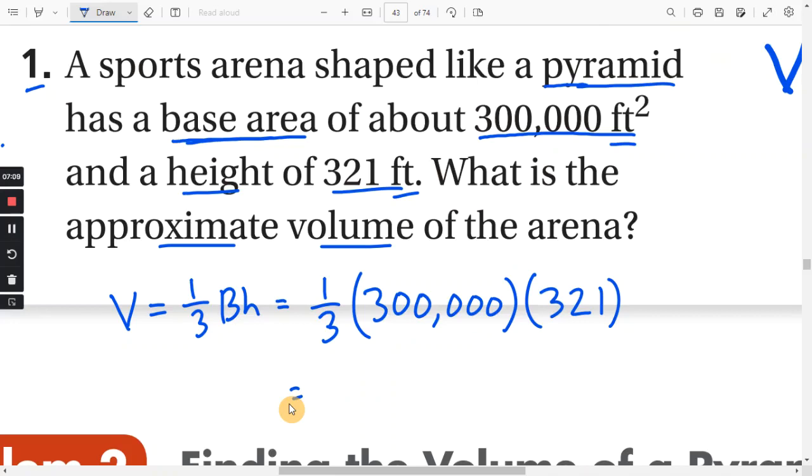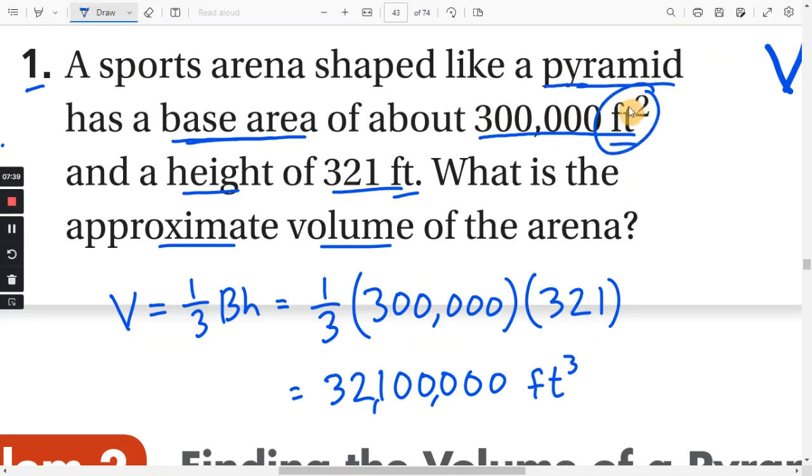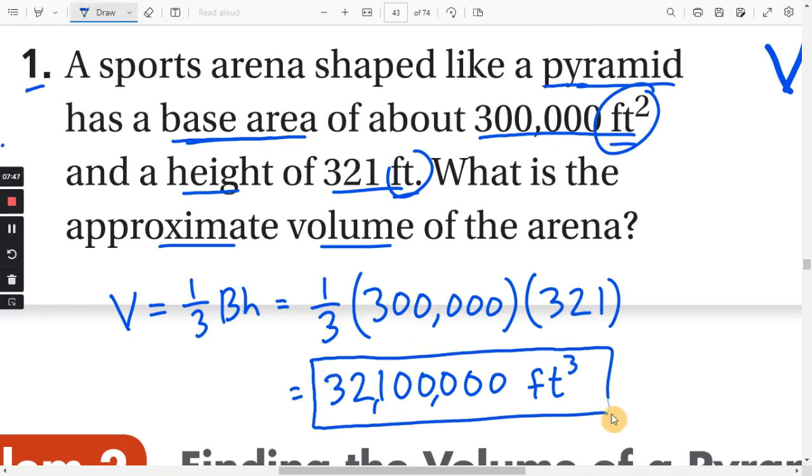Click equals, and I get 321 and then 5 zeros, so that's 32,100,000. The units were in feet, so for the volume, that is going to be feet cubed, because we did feet squared times feet. Once again, for volume, the units are going to be cubed, or to the third power.